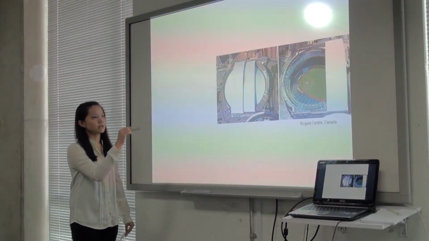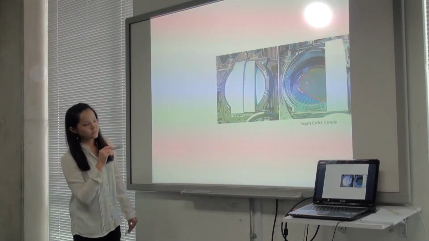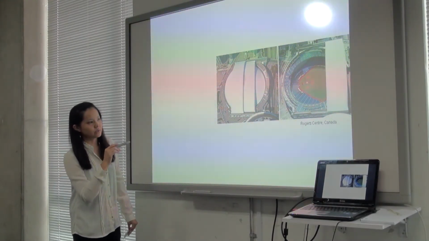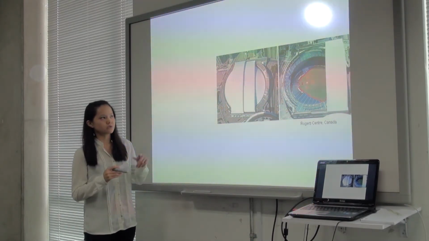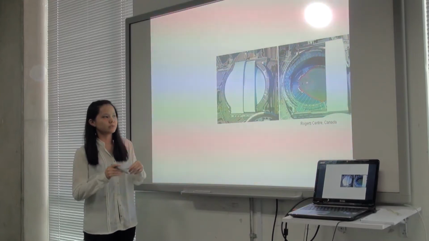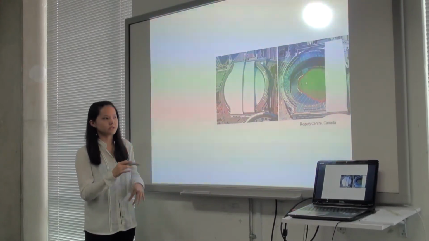Currently, the most common example of adaptive architecture is the transformable roof, where the roof itself can move and provide a sort of open or enclosed space according to the user's need whenever necessary.